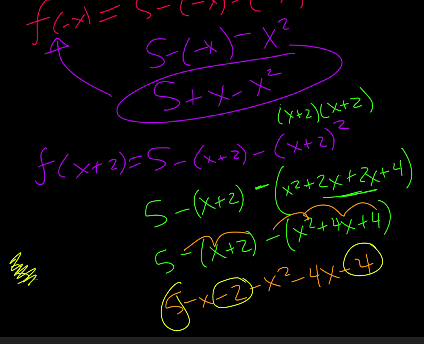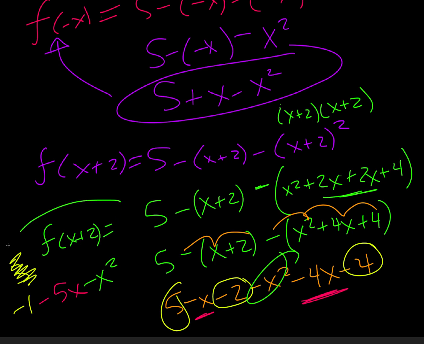So that's actually negative 1. And then we have negative 4x, negative x, so that's negative 5x. And then we just have our negative x squared. All right. And so this was our f of x plus 2 was equal to this thing.